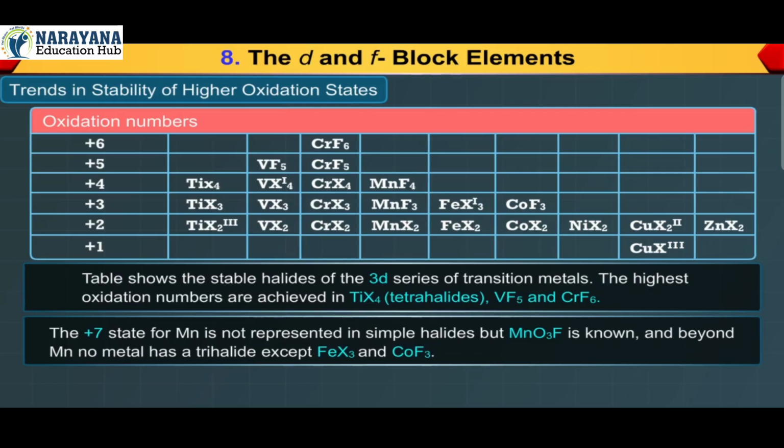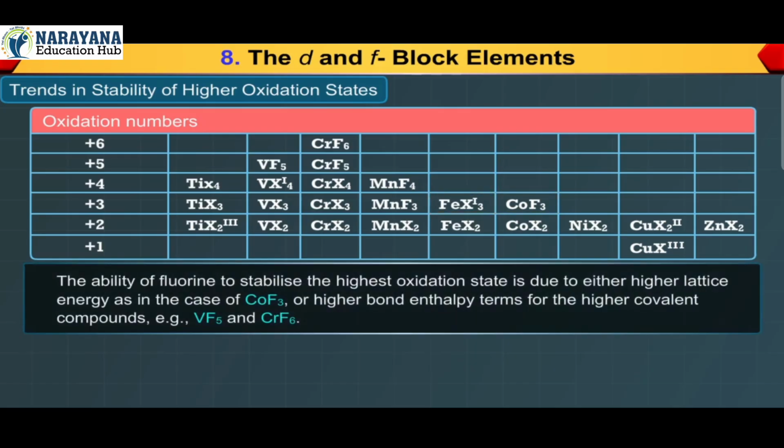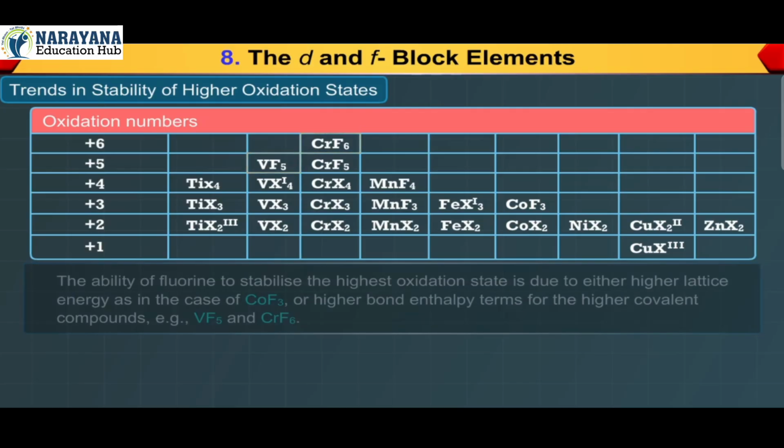The +7 state for Mn is not represented in simple halides, but MnO3F is known, and beyond Mn, no metal has a trihalide except FeX3 and CoF3. The ability of fluorine to stabilize the highest oxidation state is due to either higher lattice energy, as in the case of CoF3, or higher bond enthalpy terms for the higher covalent compounds, for example, VF5 and CrF6.